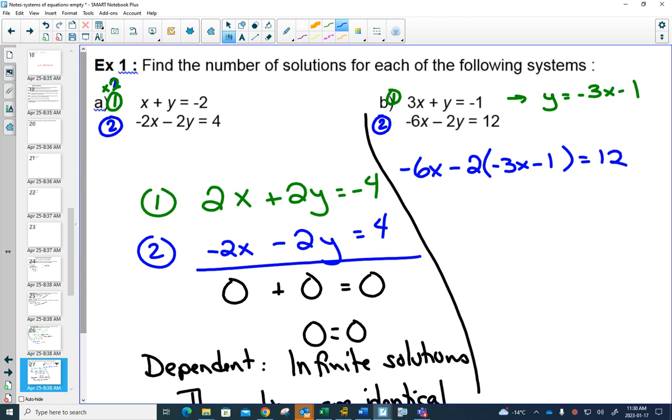What do I get? I'm going to get -6x plus 6x plus 2 equals 12. You see that your 6x's will go away. And you get 2 is equal to 12. No, not true. What does that mean?